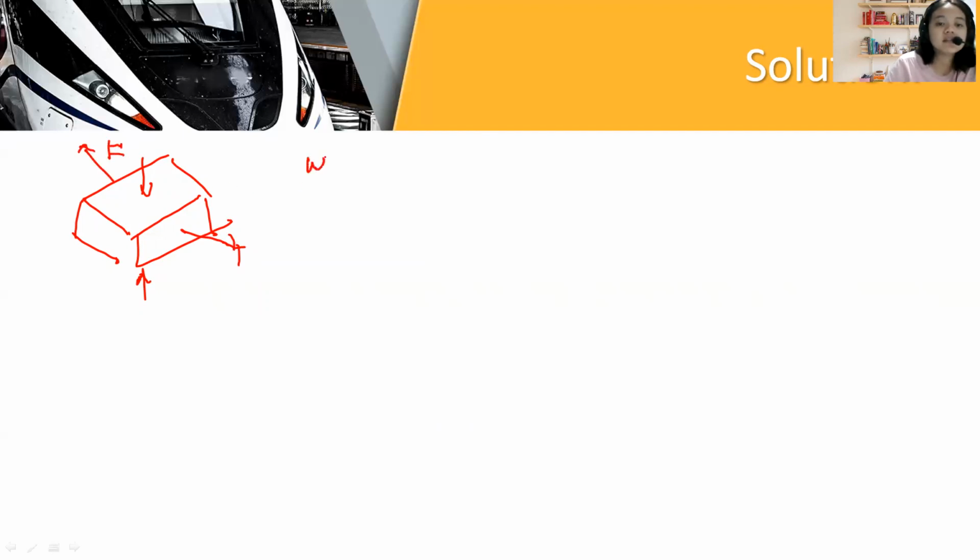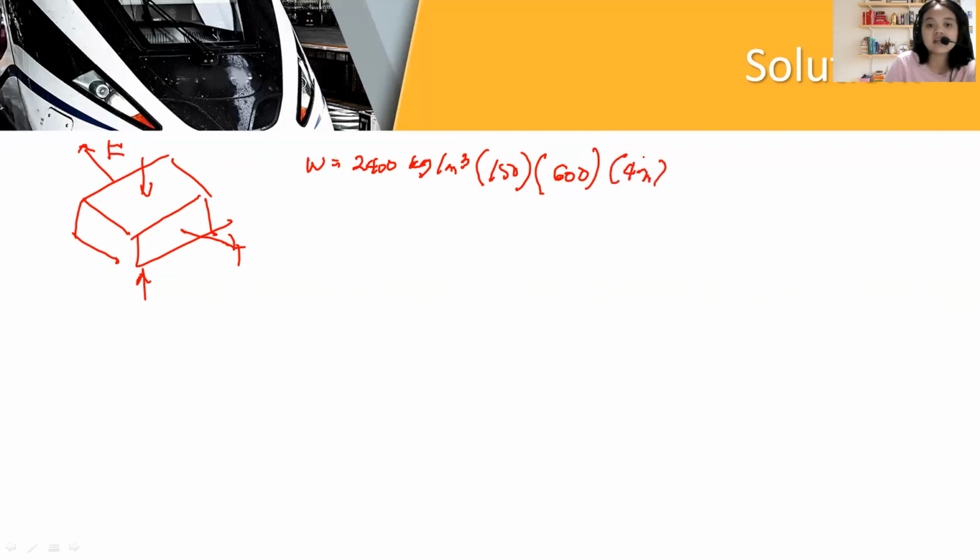So, sa normal weight, that is your 24,000 Newton per cubic meter weight of the concrete times the volume. What is the height? Height natin is 150 pa din. And yung spacing natin is, sinabi naman, 600. And then, we also have yung width ng road natin. Sige, let's say na lang that the width of our road is 4 meter as well.